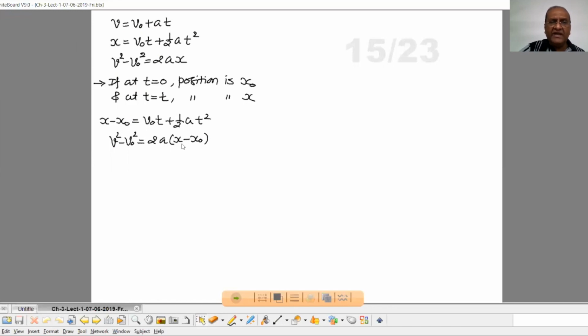Here also x we have to replace by x minus x0. So if the initial position is given to you, then you have to use the equations in this manner by considering that initial position. Clear to all of you?